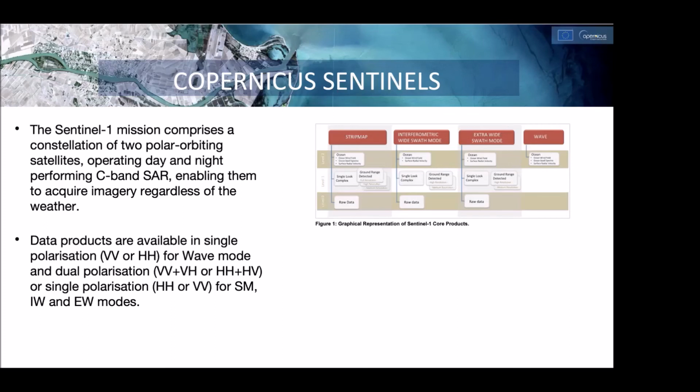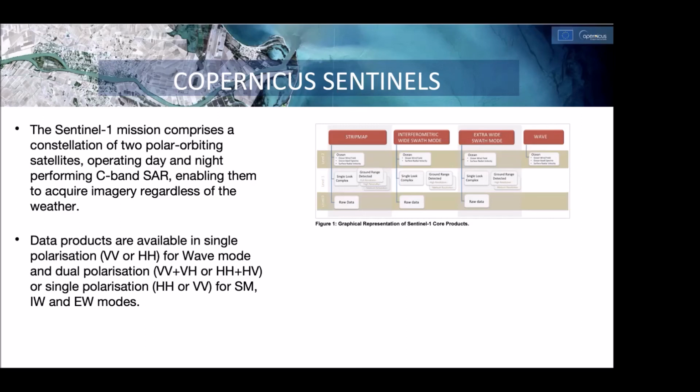So again, here we're taking just a quick overview of all the different types of products that maybe you're not familiar with from a SAR point of view, but SAR is certainly being used more and more within the vegetation community. First and foremost, because it's so much easier today to process it to something that is usable.